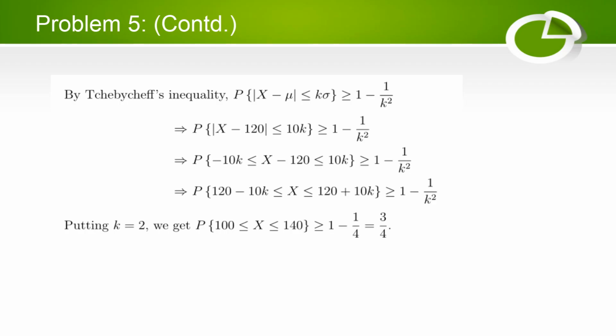Putting k = 2, we get P(100 ≤ X ≤ 140) ≥ 1 − 1/4 = 3/4.